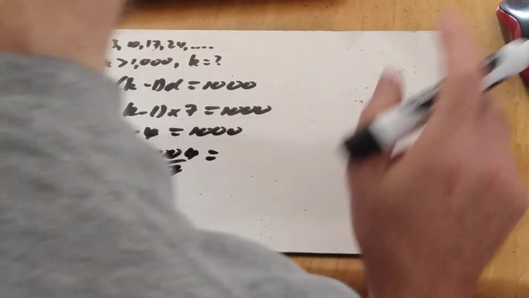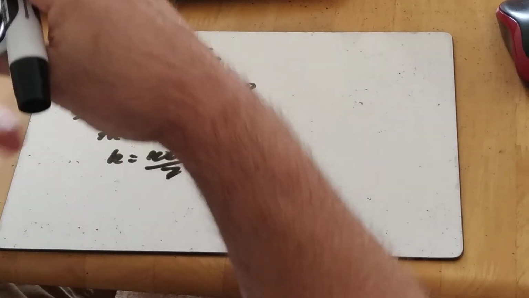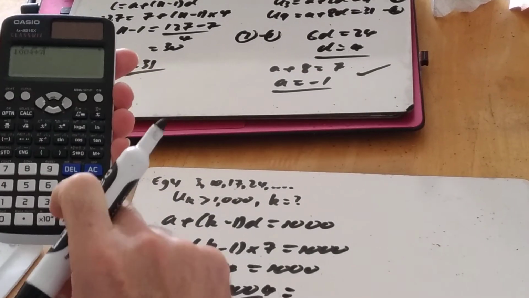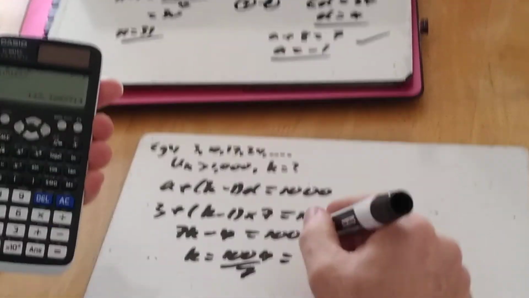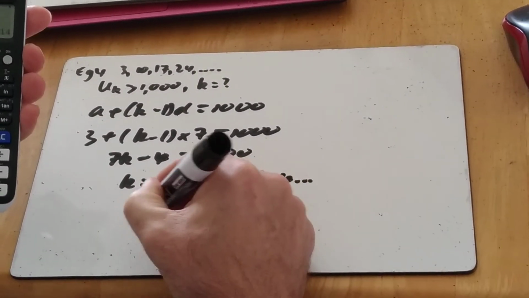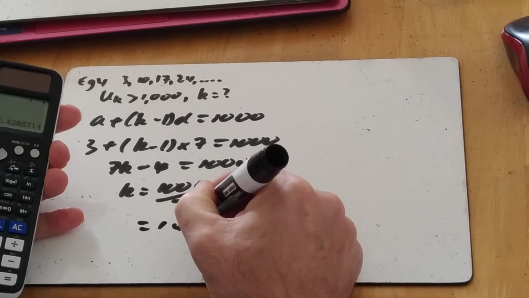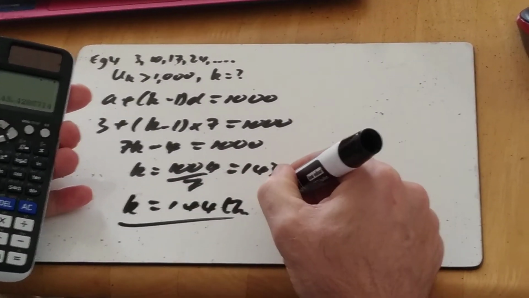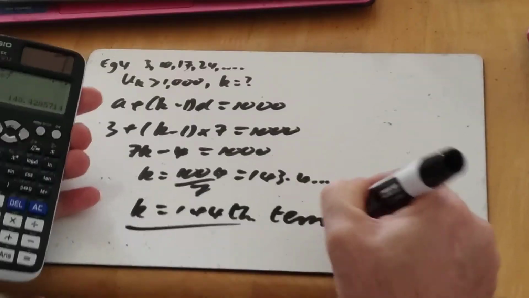Let's have a look at what we got there. It goes 143 point something, 143.4 something. So it's not a mathematical rounding off. I need the fact that k is the 144th term. That's the first one that will go over 1,000.